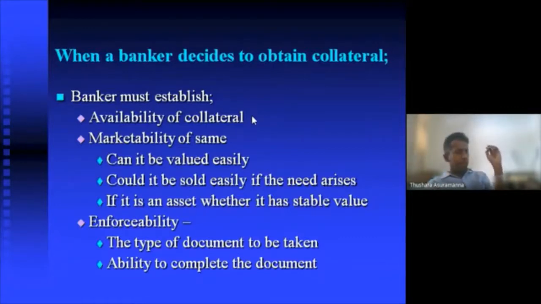Maybe the same value, say 5 million. What do you prefer? Which is more marketable, this 10 perch land facing the main road or the remotely located 5-acre agri land?